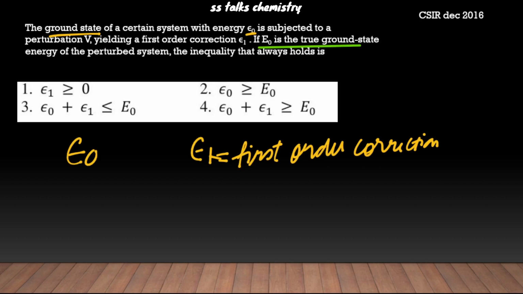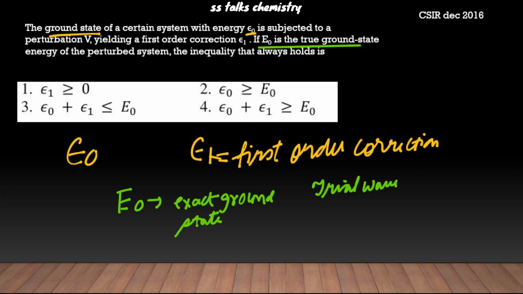So here we know that the energy E0 is of the true ground state, meaning the exact ground state energy. The trial wave function energy is always going to be more than the exact wave function energy, right?